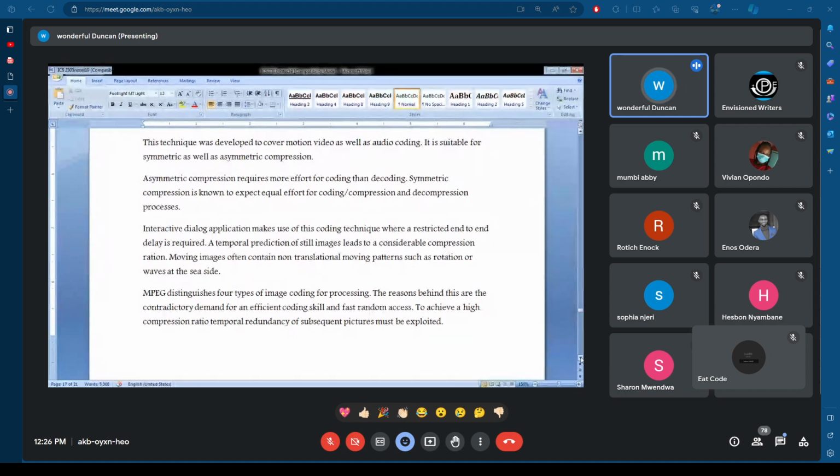A temporal prediction of still images leads to a considerable compression ratio.